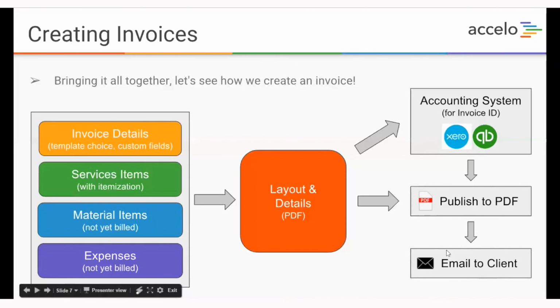Now, if you're not connected to an accounting system in Accelo and you choose to publish the PDF or create and send, we'll create the PDF and then we'll send it to the client, and that's how that works. One question that came up earlier today in another session we had was, can you publish or create these invoices without sending to the customer? And the answer is yes, you absolutely can.